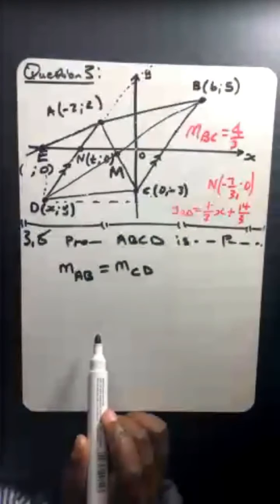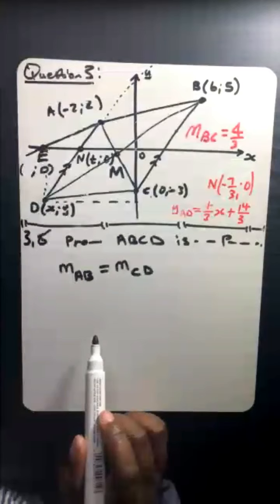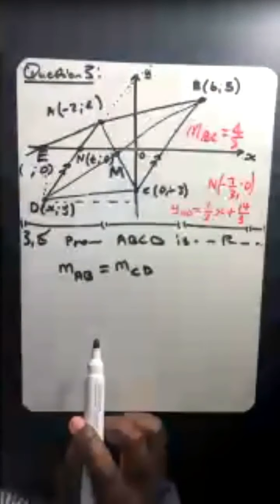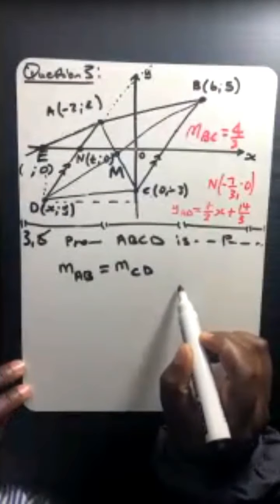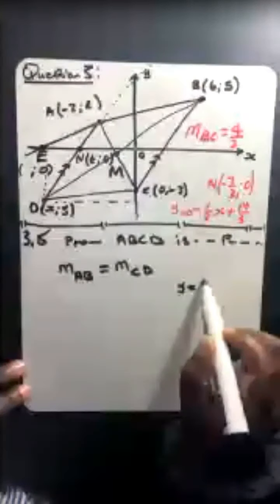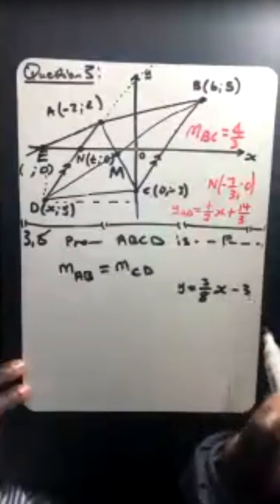Do we not have the equation of DC? I think we do. It's y equals 3 over 8x minus 3.